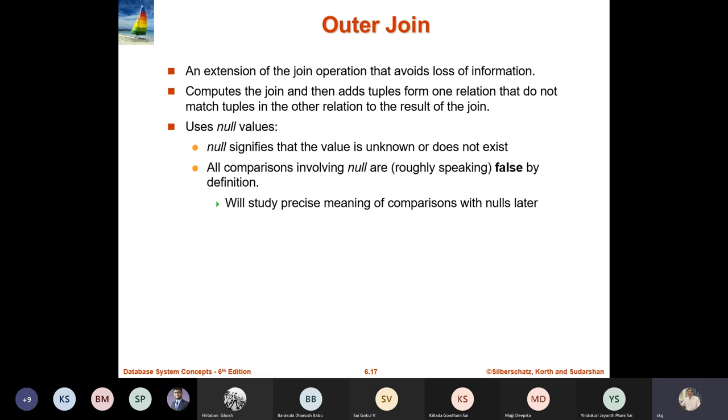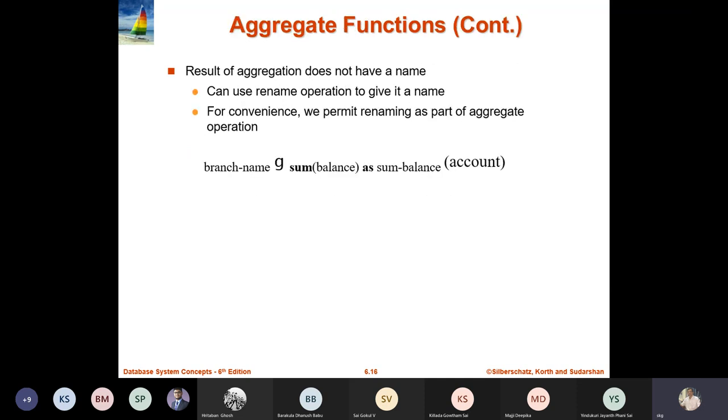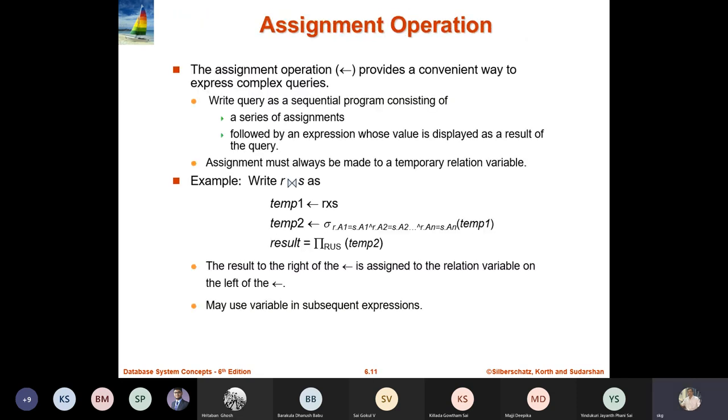So in case of a natural join, what we see is that it basically takes those which are common in the 2 attribute sets. Like if you look here, sigma R1.A1 equal to S1.A1, R1.A2 equal to S1.A2, and so forth, right?